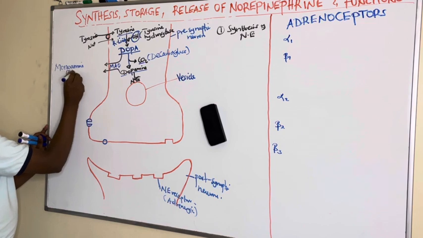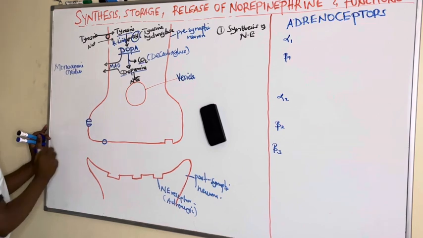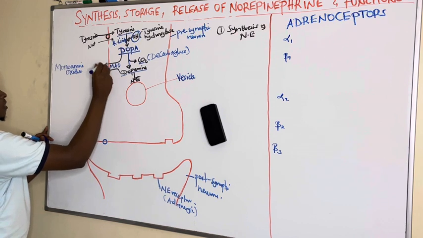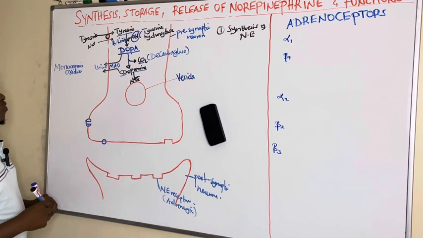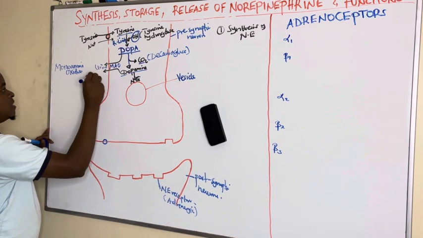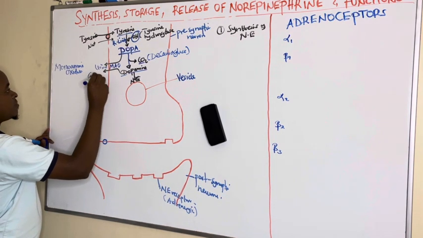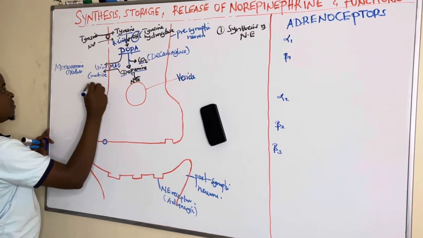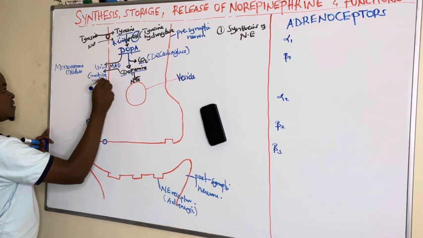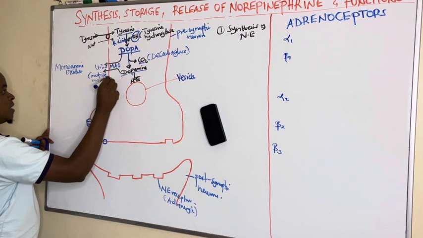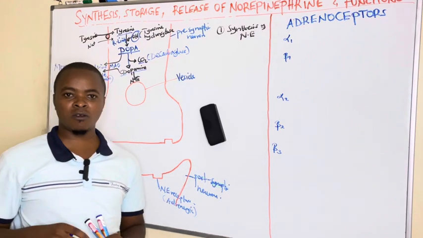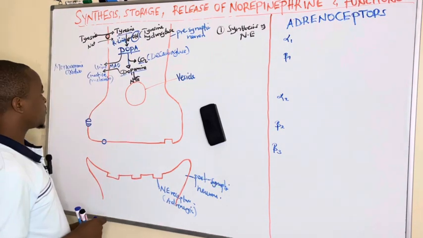So they are oxidized by MAO to their inactive metabolites, and these inactive metabolites are excreted in urine after being broken down by monoamine oxidase.